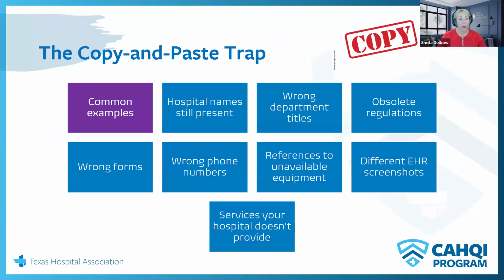We run into the copy and paste trap. It's very easy to copy and paste things. And I think that we have to be very aware of this today, not just in terms of having policies shared with us from another organization, but a lot of people are starting to embrace AI and the abilities and the tools that it offers to you. And it's very easy to type into AI and ask it to give you something.